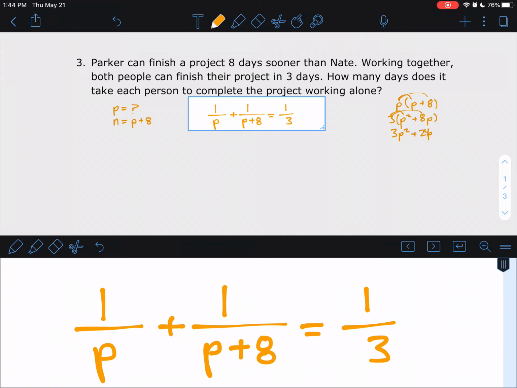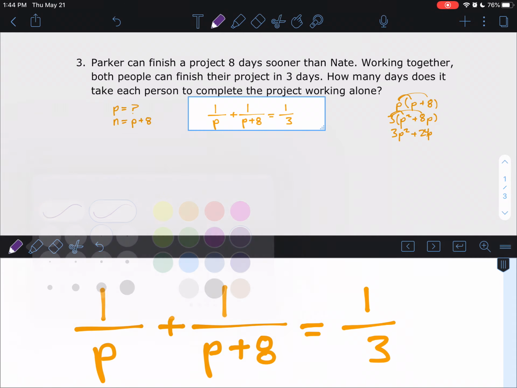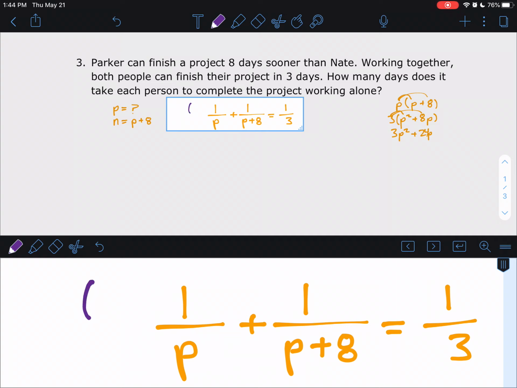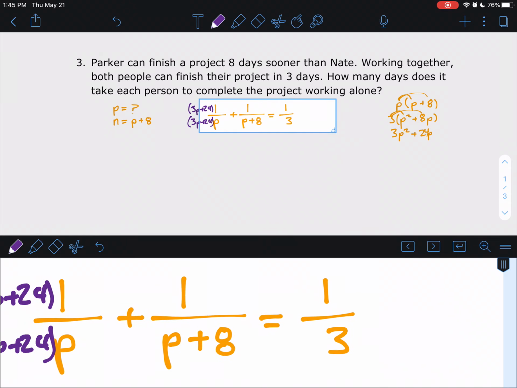So to turn this 1 over P into something over 3P squared plus 24P, I would need to multiply it by 3P plus 24. So 3P plus 24 on top and bottom. To get this 1 over P plus 8 to turn into something over 3P squared plus 24P, I would need to multiply it by just 3P.